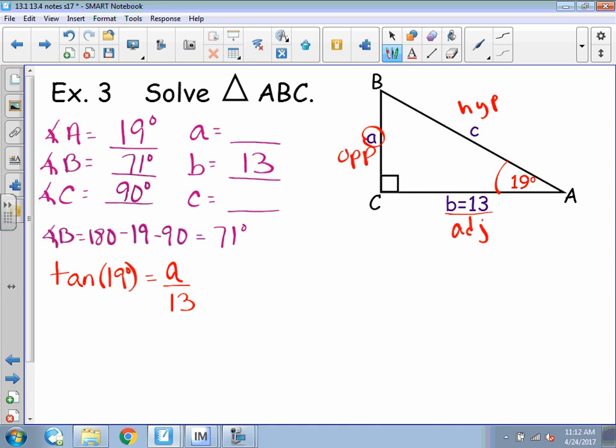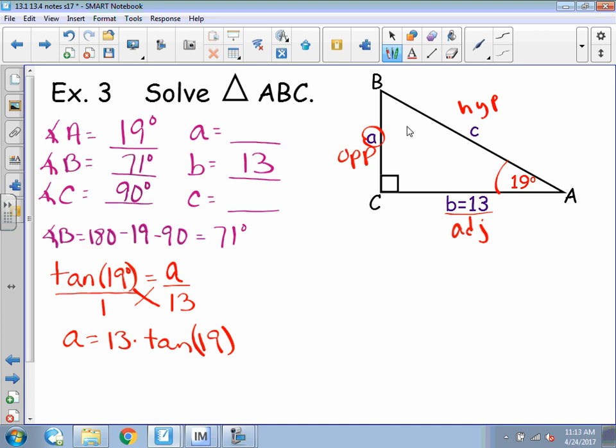Tangent 19 degrees is a calculation. Okay? I'm not going to calculate it just yet. We're going to put that over 1 so that we have a proportion. Okay? Now we're going to cross multiply. A times 1. So A equals 13 times tangent 19 degrees. You don't want to round off and then use a rounded off value in your next calculation.